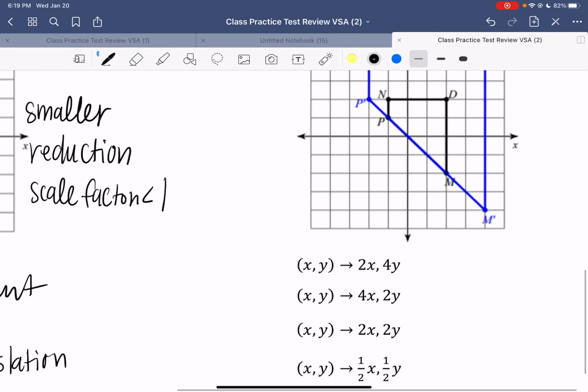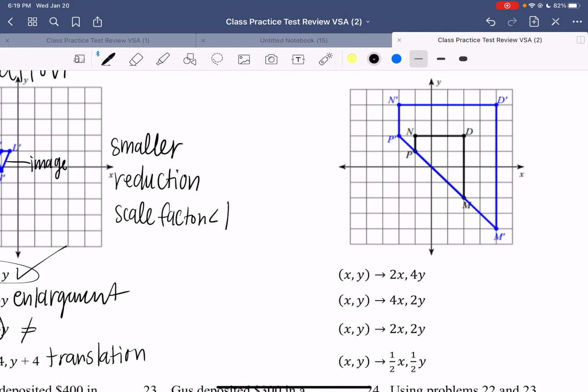Okay, on number, whatever number this is. So we have the blue is our image, the black is our pre-image. And the blue is our image. So this is an enlargement.